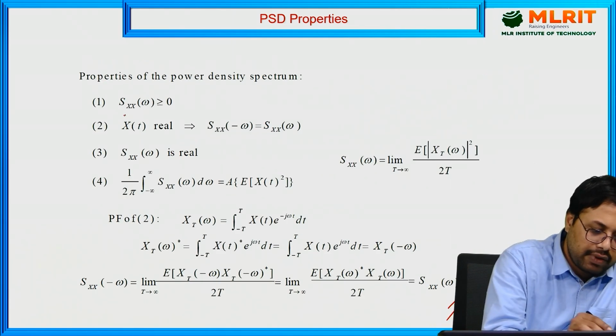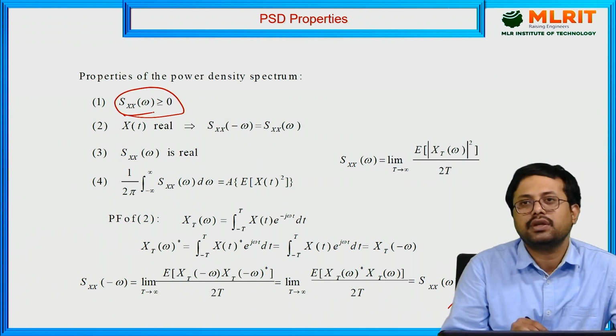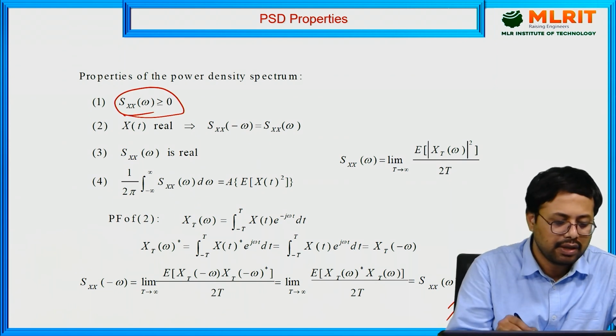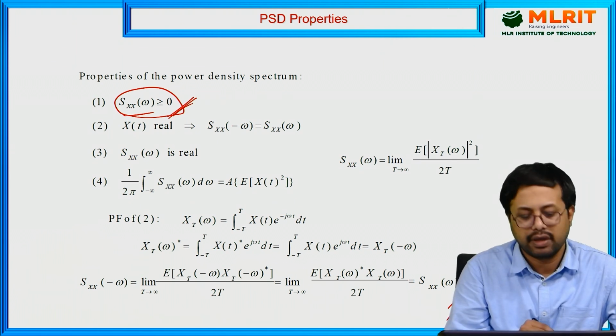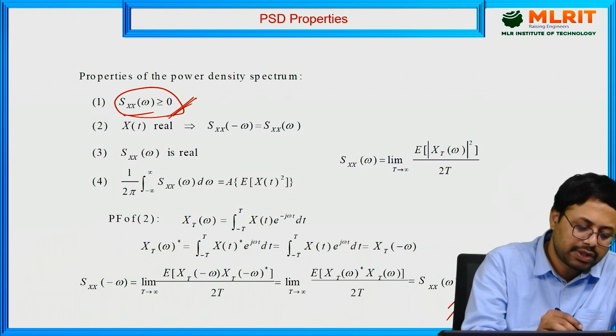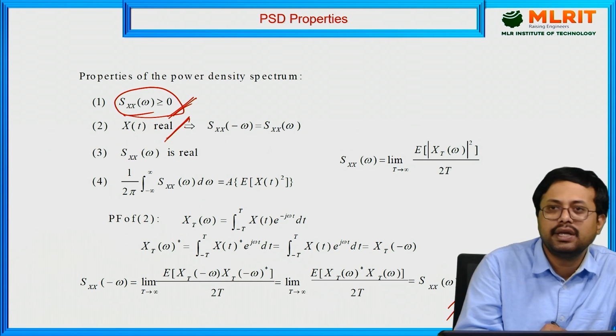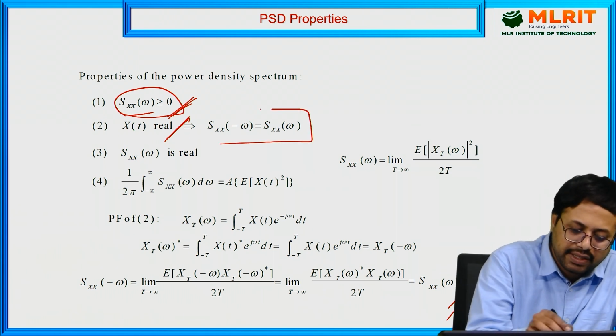Just a summary of today's session. The first property tells that power spectral density is always non-negative. Next, if the power spectral density is a real quantity, it satisfies even symmetry.